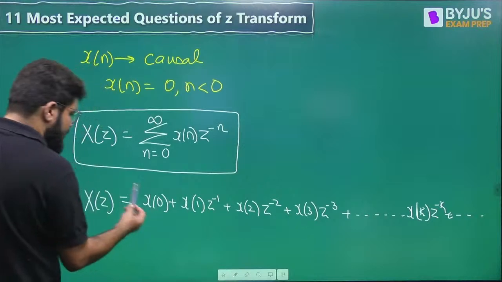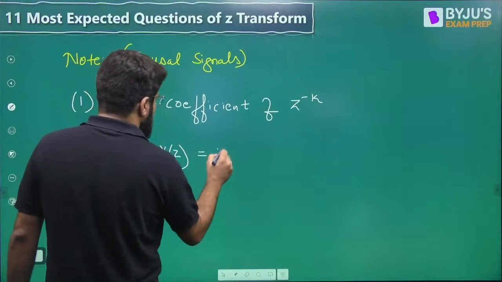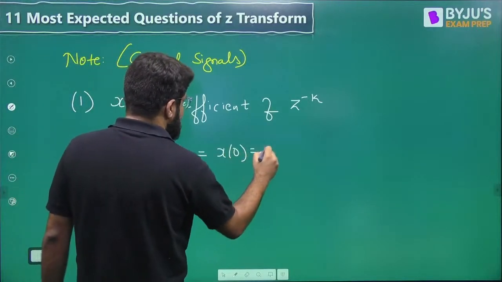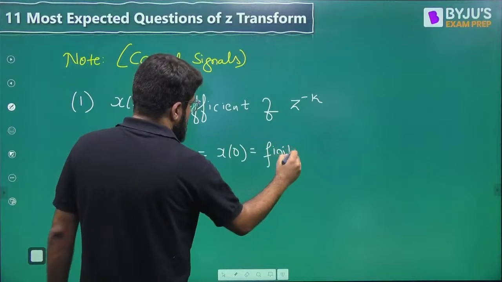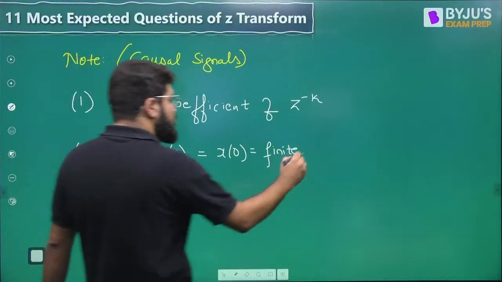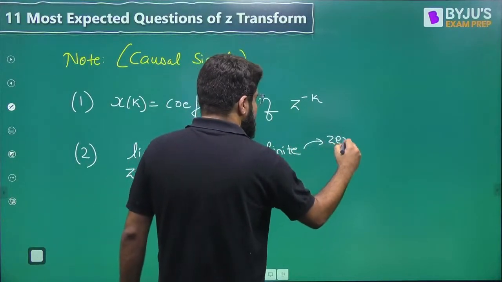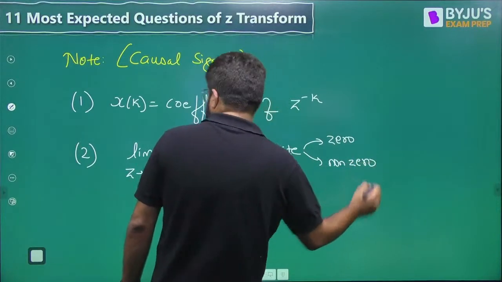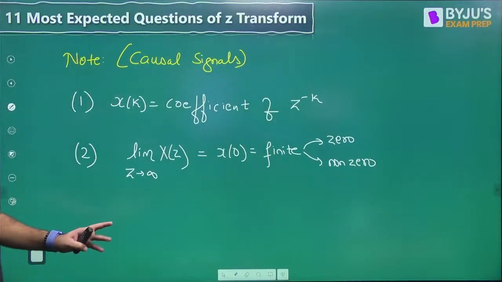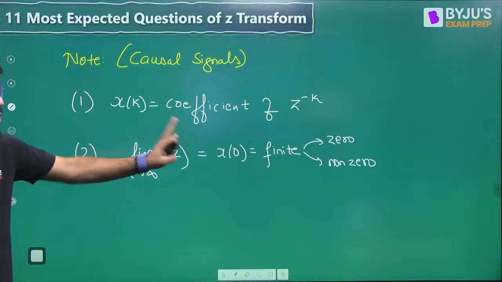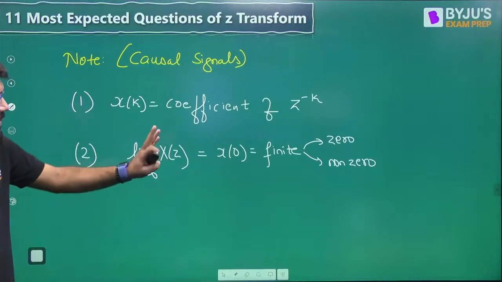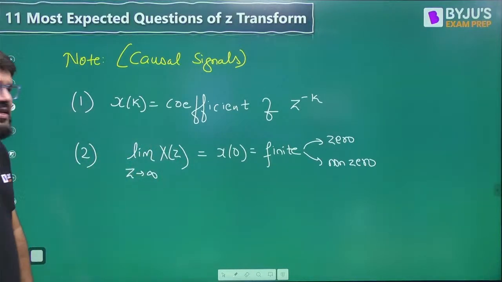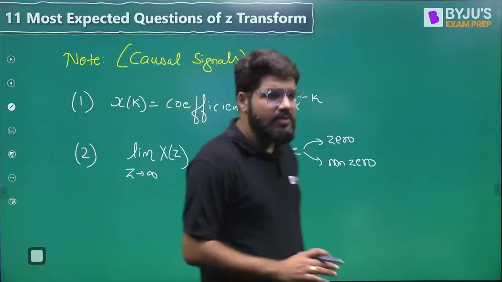So what is only left? It is x0, which may be finite. Finite means it may be 0 or non-zero, but it is finite. So for a causal signal, limit z tending to infinity of x(z) is always finite, and it is given by x0.